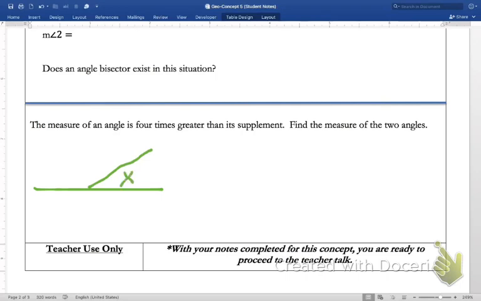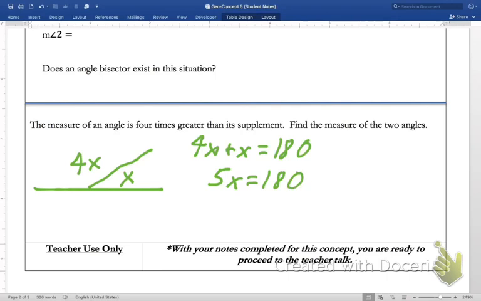We have one angle that's x, and the other one is 4 times its supplement, which in this case is going to be 4x. Pictures help a lot, so these two angles have to add up to 180. So if I add them together, that's 5x equals 180. Dividing by 5, I get x equals 36, but I haven't answered the question.